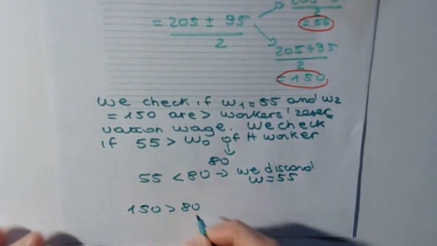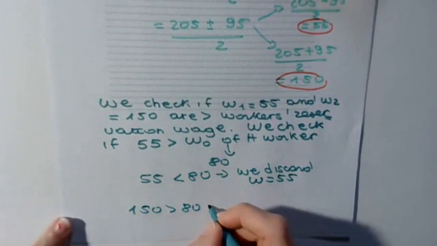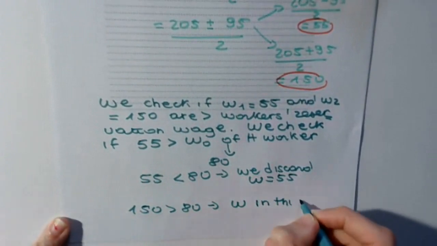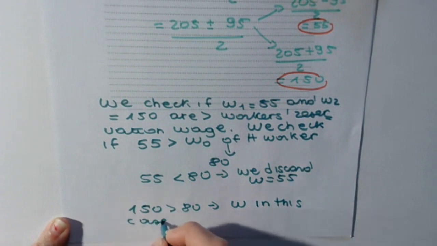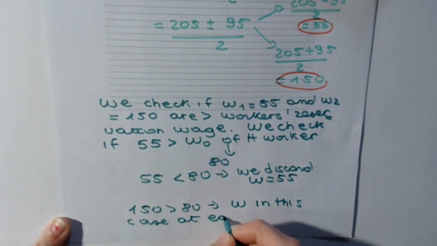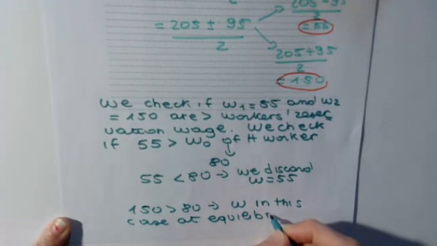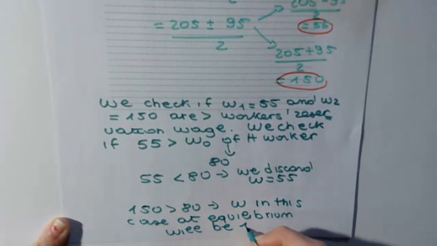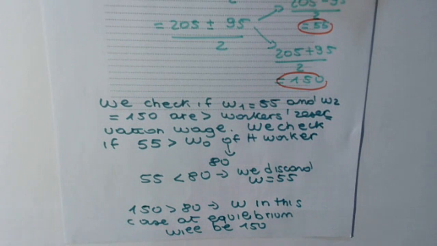This is good because it is higher than the reservation wage. So the wage, in this case, at equilibrium will be 150. That's the equilibrium wage, okay?